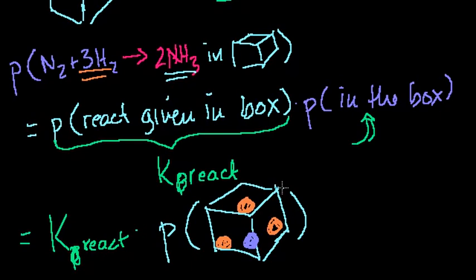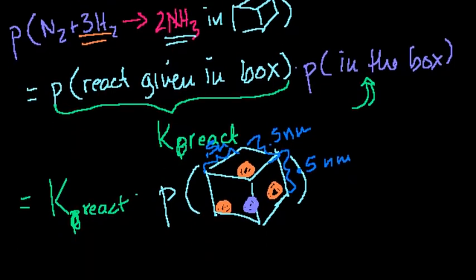So if I pick my dV, and remember, I don't know if this is the right distance, I'm just trying to give you the intuition behind the equilibrium formula. But if I pick this as being 0.5 nanometers by 0.5 nanometers by 0.5 nanometers, what is my volume?